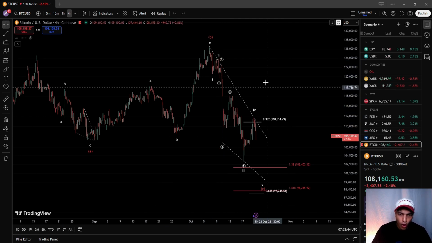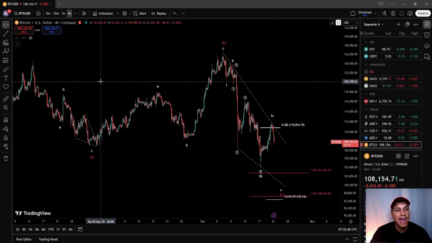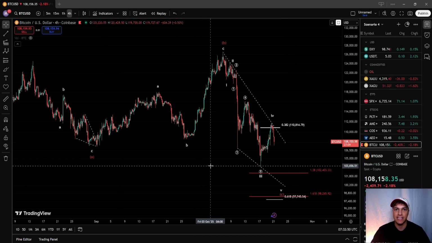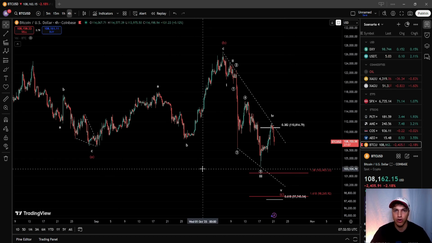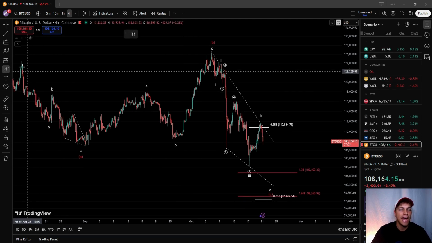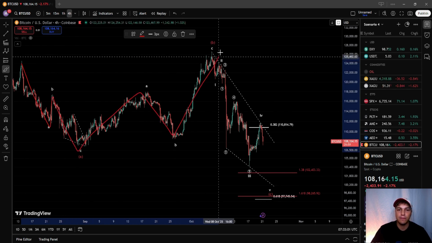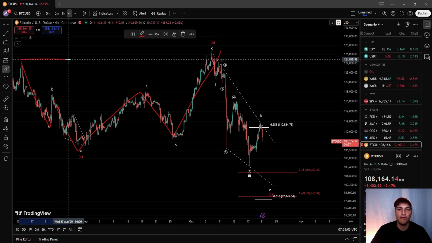So on the 4-hourly time frame, what are we currently looking at? We're looking at an ABC, in my opinion, on our main scenario. An ABC to the downside means that we have a 3-wave structure in A, a 3-wave structure in B that took out the high of A. This is called an expanded flat.